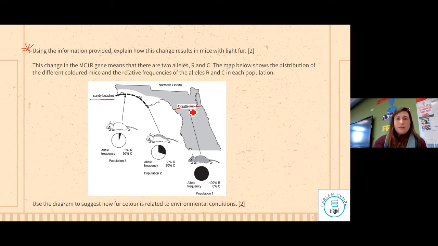They're showing you where, sorry, it says scrub. They're showing you the colour and they're showing you the population. We're also showing you the allele frequency. So use the diagram to suggest how fur colour is related to environmental conditions. And if you're not ready, you can press pause.